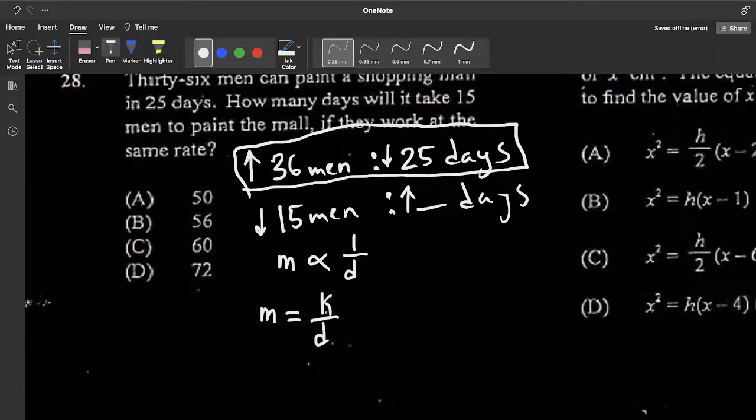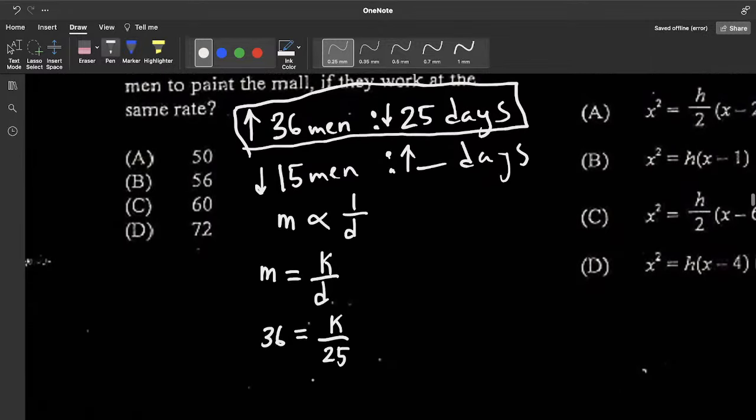It means they did the experiment a few times and figured out that usually, all we need to do is figure out what K is. We divide it by any number of days and we know how many men we need. So 36 men would be equal to K over 25, because that is the number of days, 25.